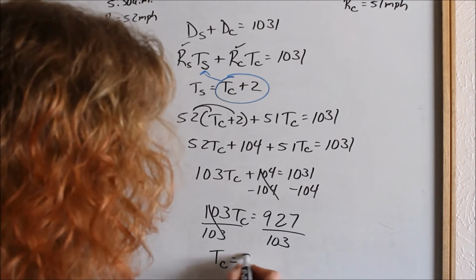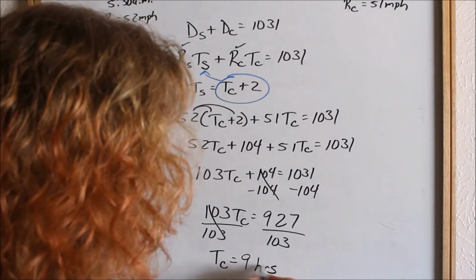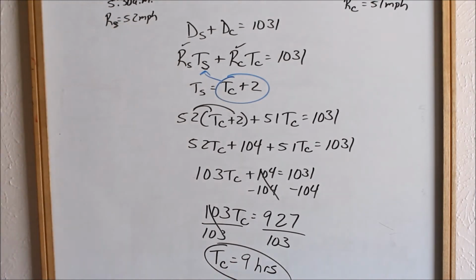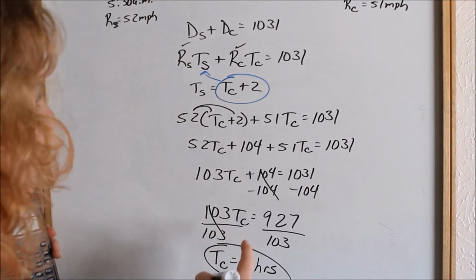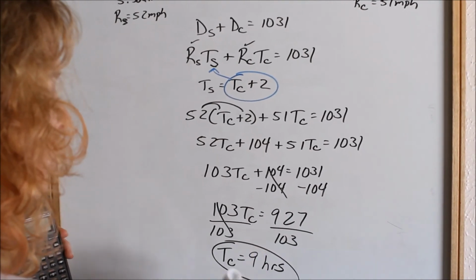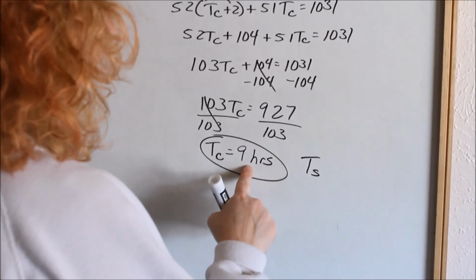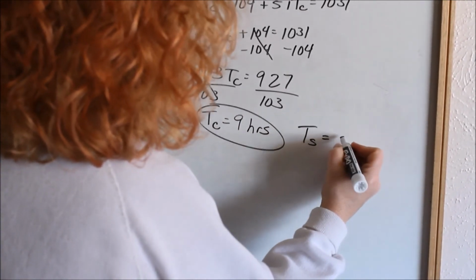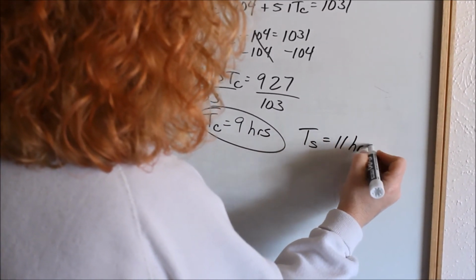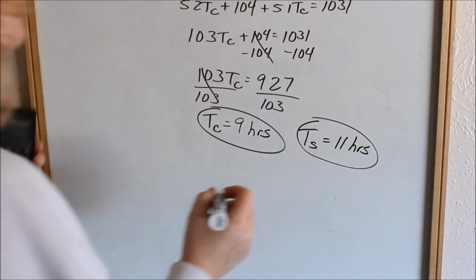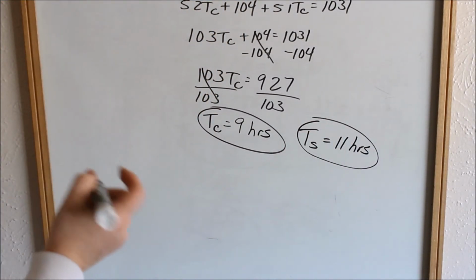And that came out to 9 hours. So, Carolyn traveled for 9 hours. Remember from our formula up above, Sue traveled 2 hours longer. So, if Carolyn traveled for 9 hours, Sue traveled 2 hours longer, so that would have been 11 hours. It took Sue 11 hours because she left 2 hours earlier.